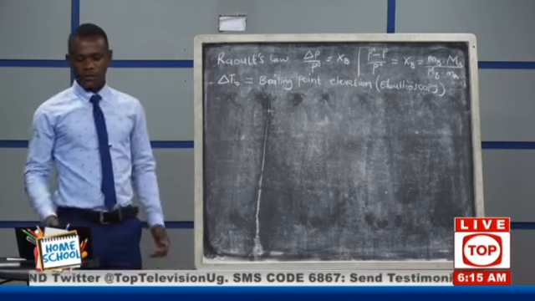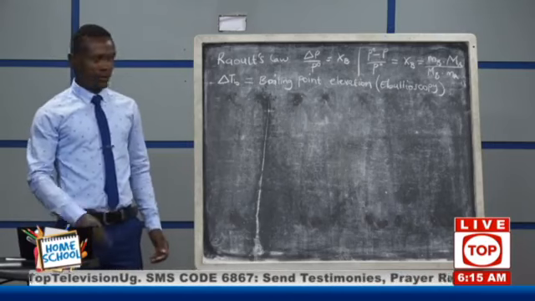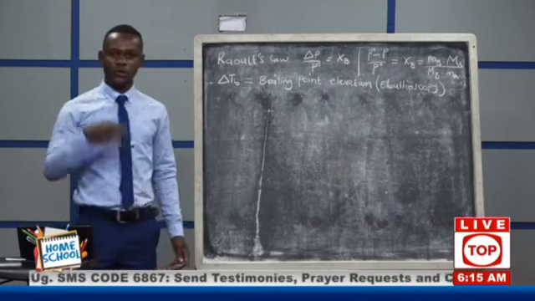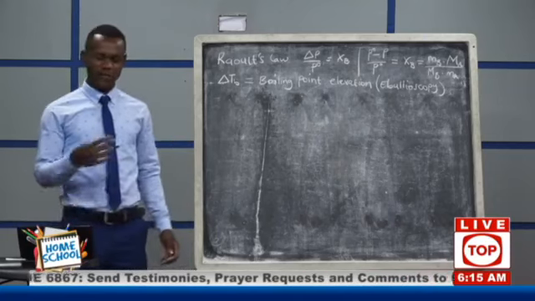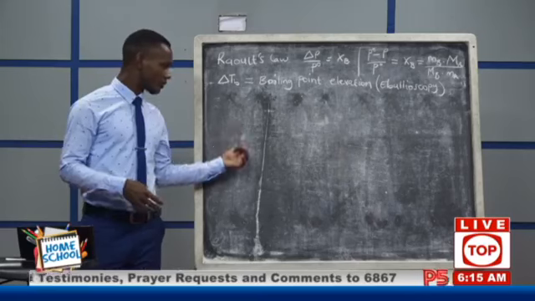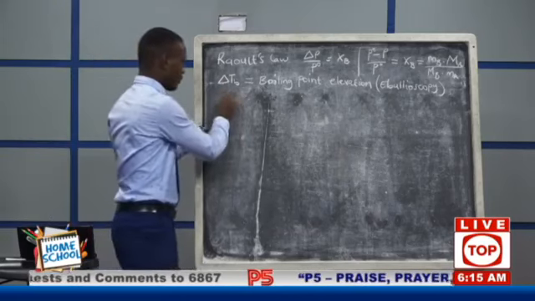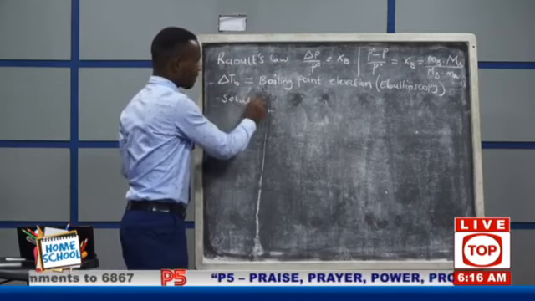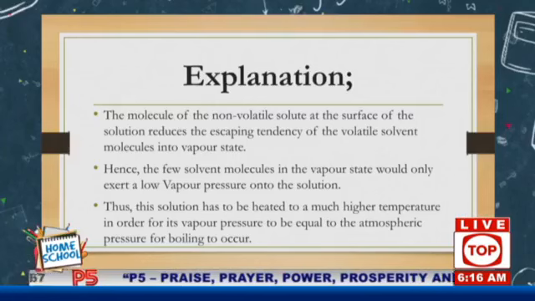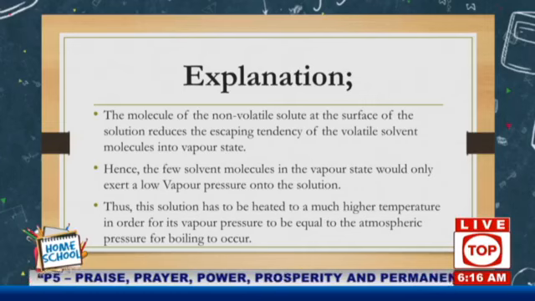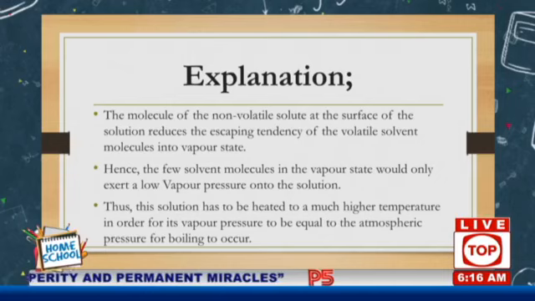So when we go to our next slide, we look at the reason why, when you get a solute and add it to a solvent, its boiling point will change.